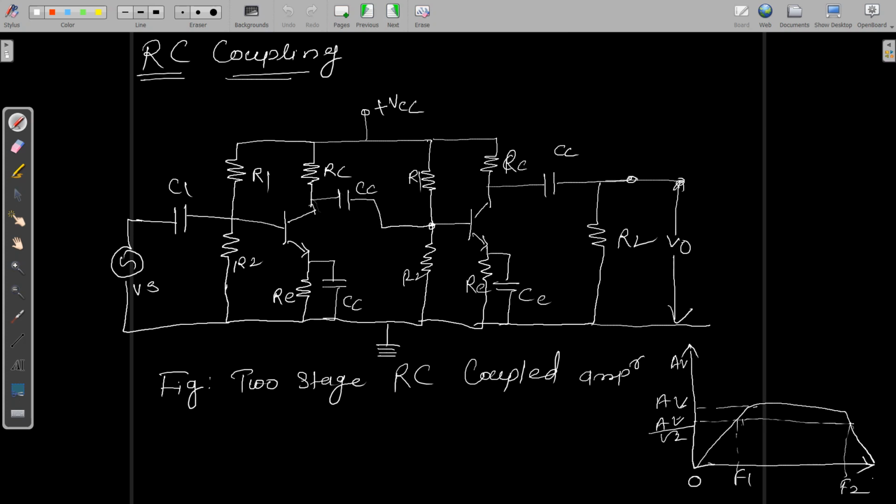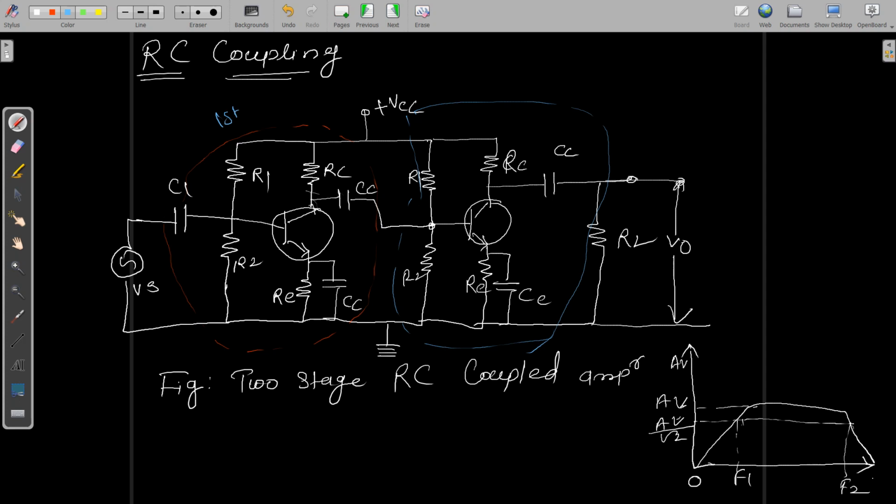So you can see that this is the first stage of your amplifier, and this is the second stage of your amplifier.